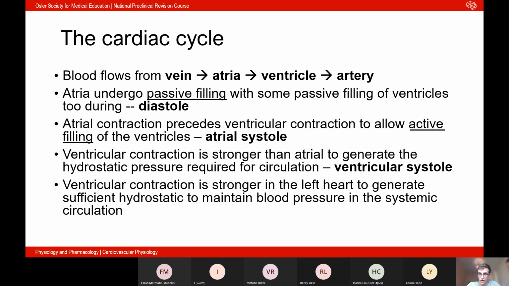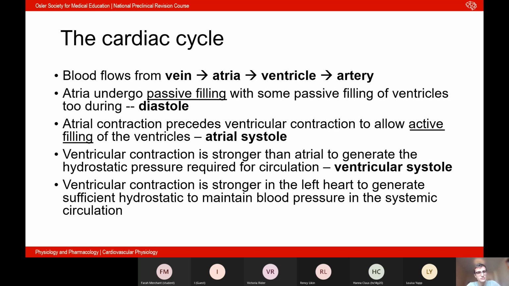That's to force blood through the valves and into the ventricles. You then have ventricular contraction, which is a really strong muscular contraction to send blood into the pulmonary and systemic circulations out of the heart.